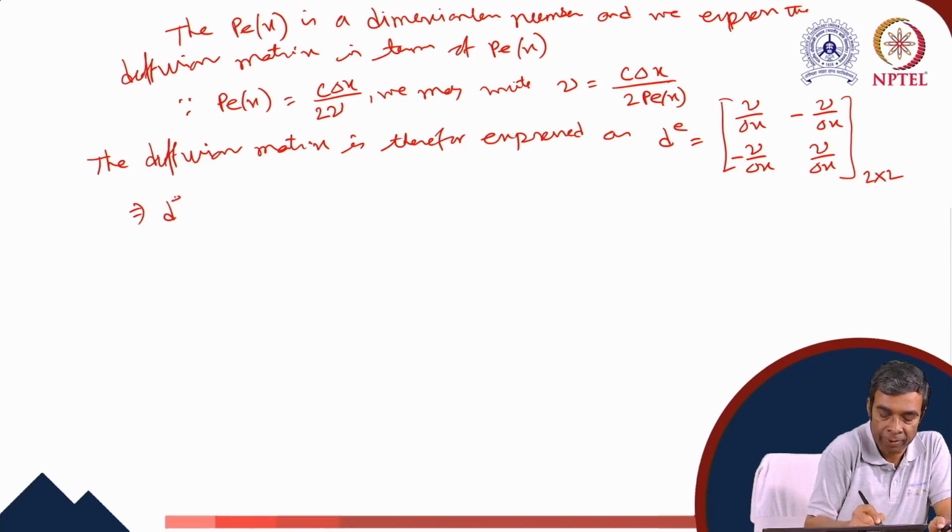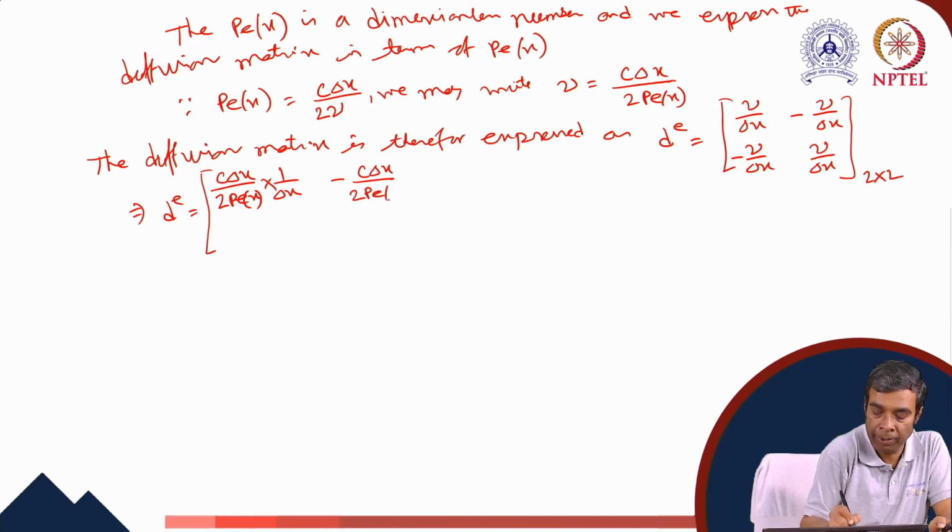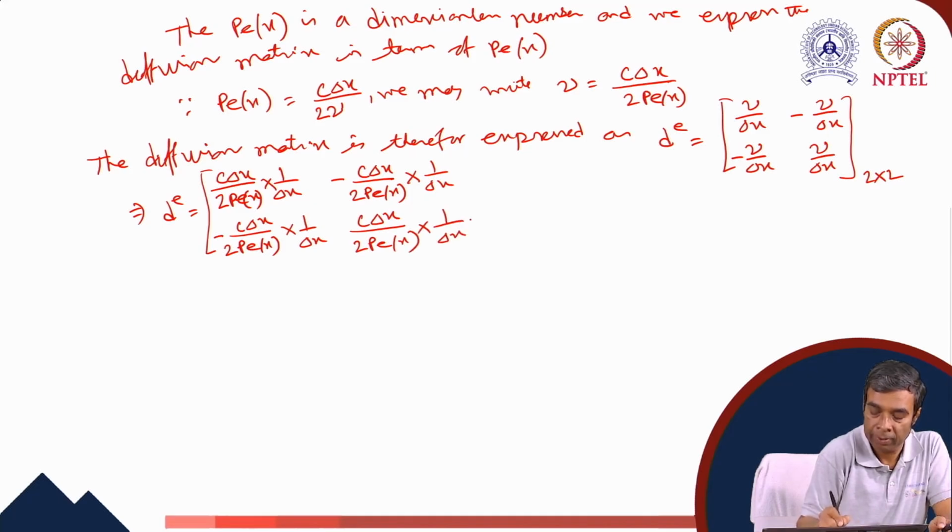This comes as dE equals nu by delta x, so this is C delta x by 2 Pex into 1 by delta x, minus C delta x by 2 Pex into 1 by delta x, minus C delta x by 2 Pex into 1 by delta x, and finally C delta x by 2 Pex into 1 by delta x.